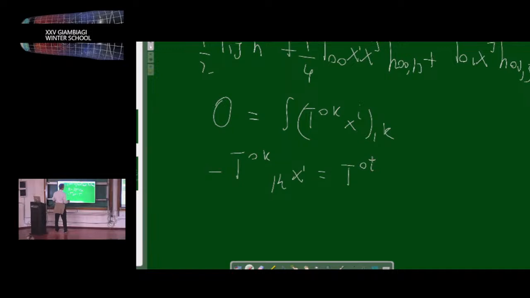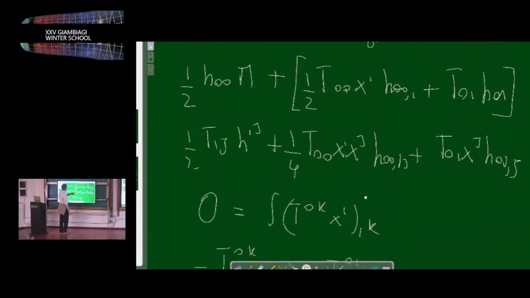Then I use the usual trick of the conservation of the energy momentum tensor. So this is T00 xi dot, which is equal to T0I. And so you see, these two objects, T00 xi and T0I, deserve to be together, okay? Of course, they don't have the same dimension, but here there is a derivative.